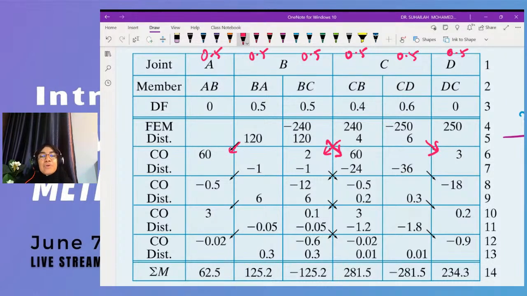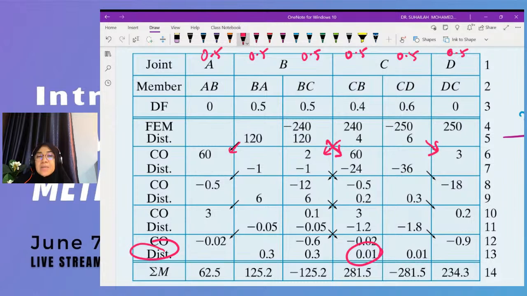We have to do the process until the last distribution reaches 0.0. When you find 0.0 under the last distribution, it means you may stop the process. Repeat the process again and again.